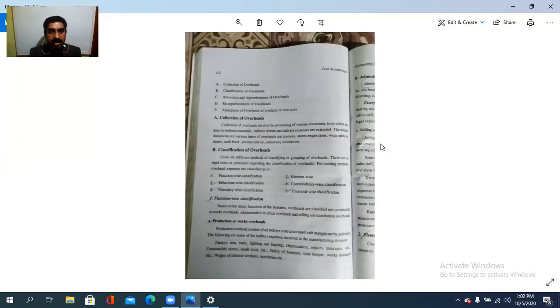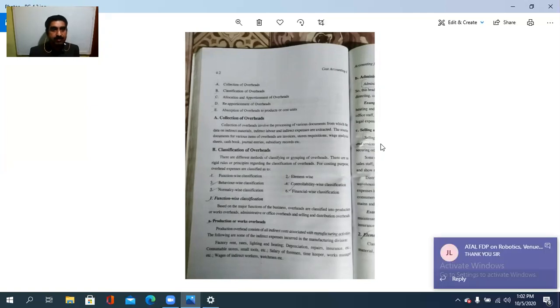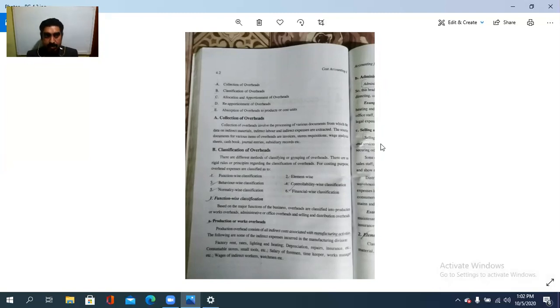Under classification of overhead, there is function-wise classification, element-wise classification, behavioral-wise classification, controllable-wise, normalcy-wise, and financial-wise. Function-wise: production or works overhead, administration or office overhead, and selling and distribution overhead.